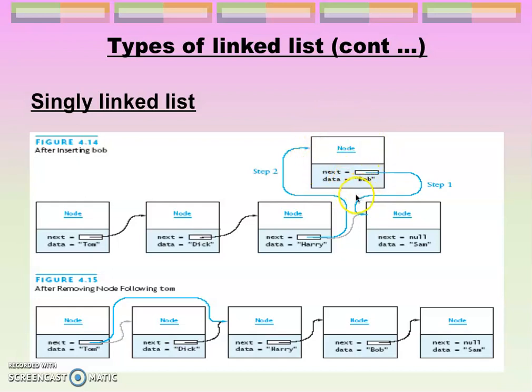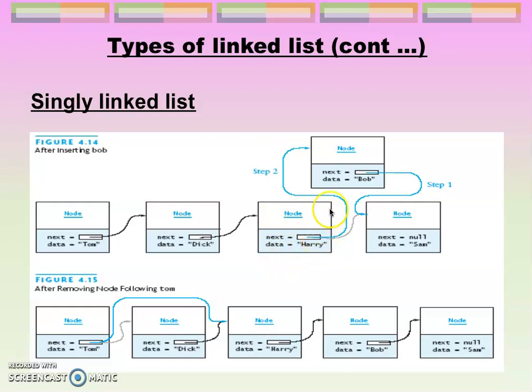So what will happen? So instead of kita point from this Harry node to this Sam, we just need to change. Okay, so yang color grey ni, which just means that yang original link dia, original address that we just pointed, but after that we change the address that we keep inside this Harry punya node ni.